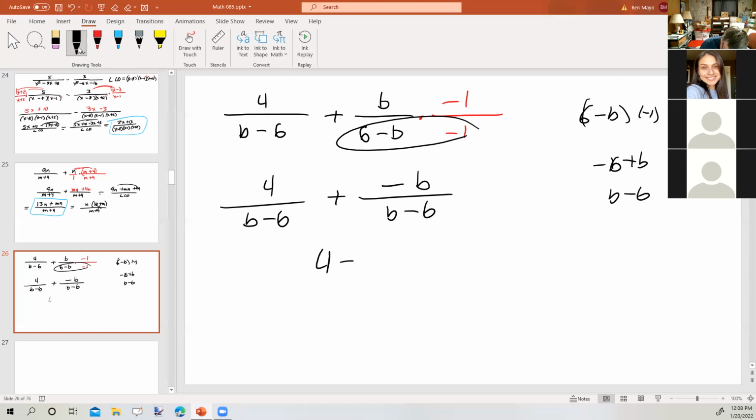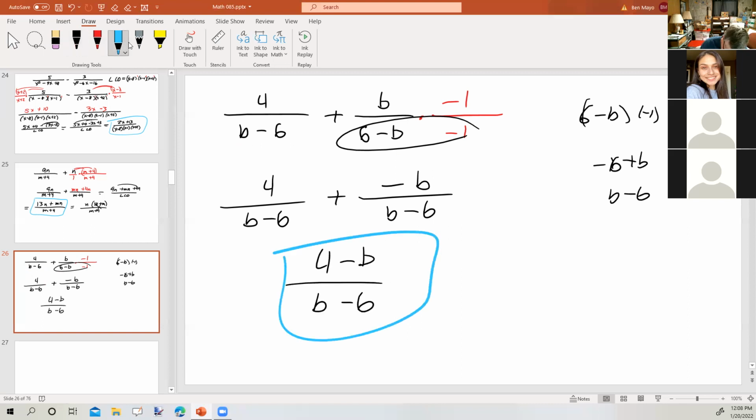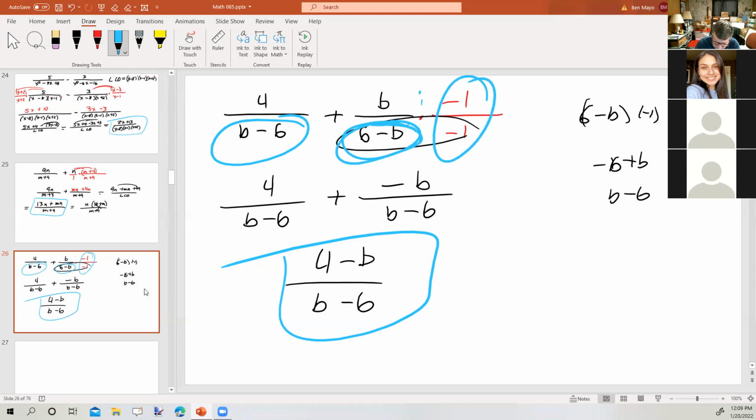So now I've got 4 minus b over b minus 6, and we're done with that one. Any questions there? How did I know what to do? Because these are opposites. So taking the -1 to the top and the bottom turns this into that.